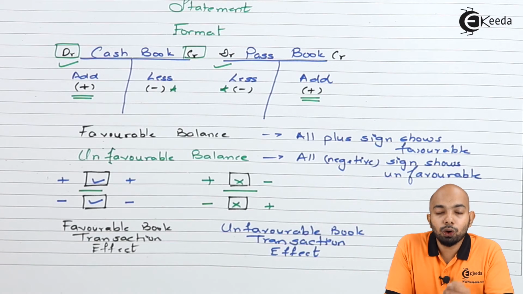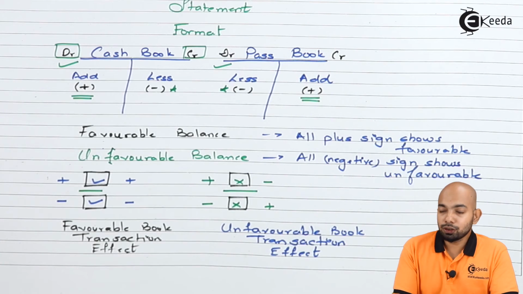However, if the same transaction refers to the unfavorable book, which is wrong, then if the transaction has to be added, you will do the opposite, that means subtracting the transaction. Similarly, if a subtraction transaction refers to an unfavorable book, you will be adding the transaction. Just go through this.